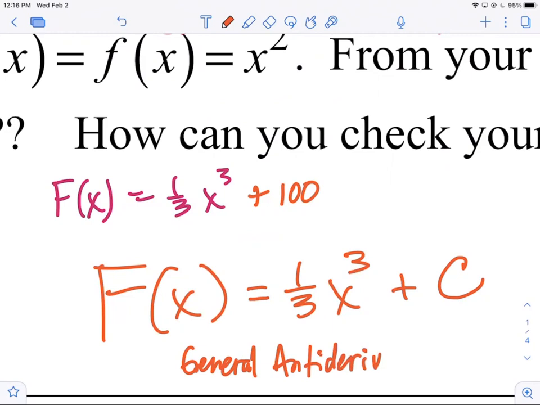Okay. Plus C. Now, if we wanted to find C, like if we wanted to know, hey, did that original function actually have a C value other than 0? Then we would have to know something about the function.